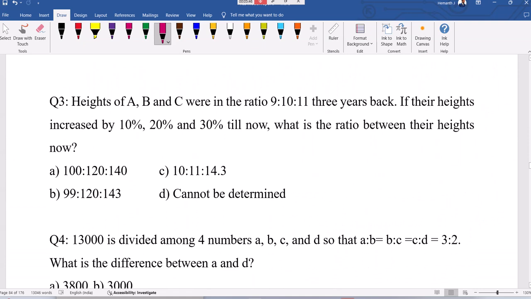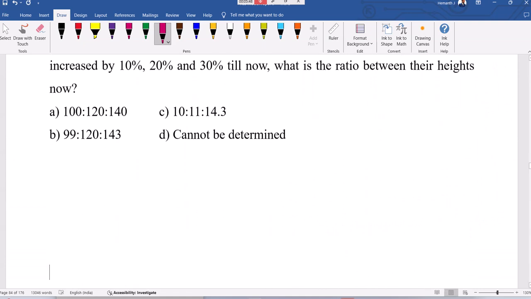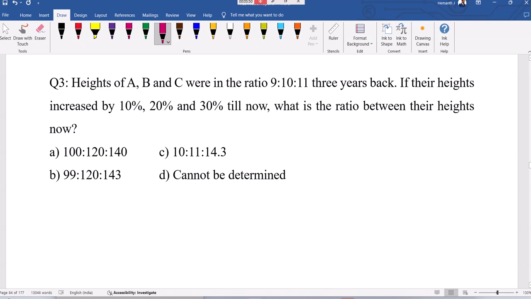Now this is ratio and percentages combined. Heights of A, B, C are 9, 10, 11, 3 years back. Now, to get the present height, the first one increased by 10%, the second by 20%, the third by 30%. Take 9, 10, 11 as 90, 100 and 110. This is 3 years back.